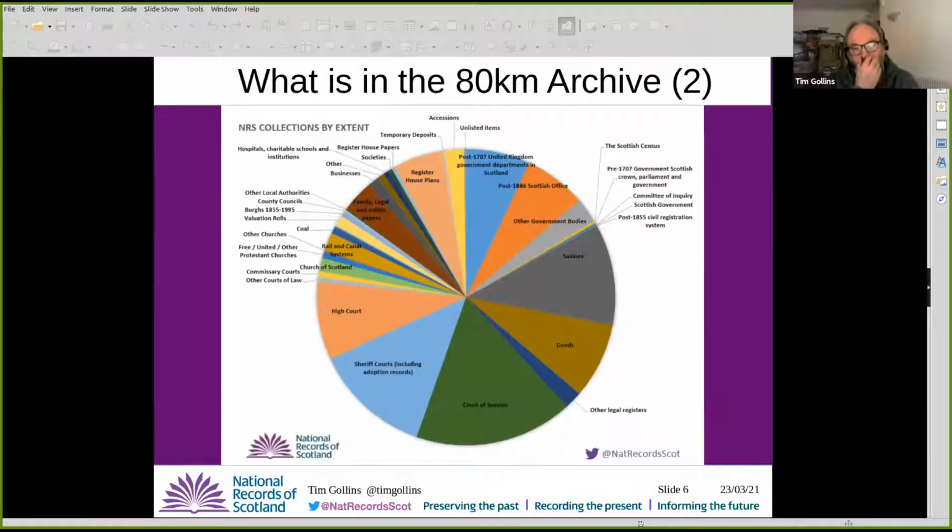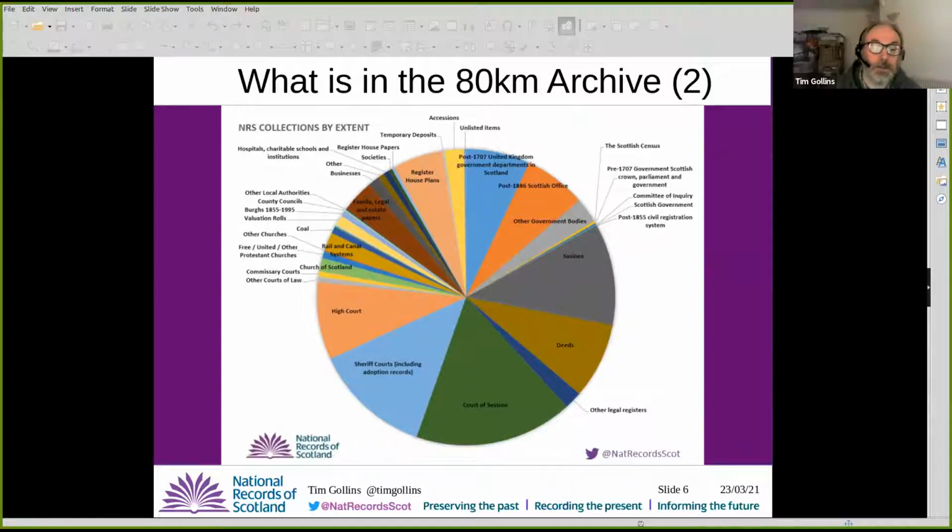So actually, let's dig down a little bit deeper. If we expand that tiny sliver and look at the different types of information that we hold in our 80 kilometers of shelving, this is a breakdown of that by our various sub-collections. The first thing I draw your attention to, it's not terribly obvious in this graph, is the bottom right-hand quadrant, half and a bit more.